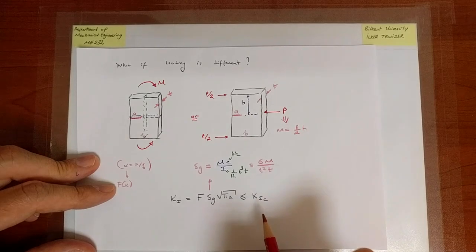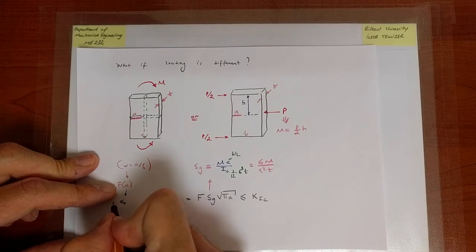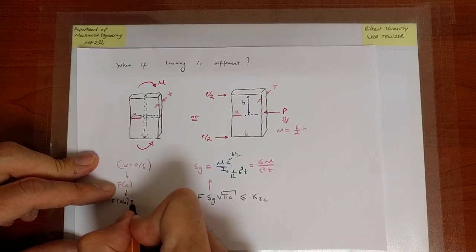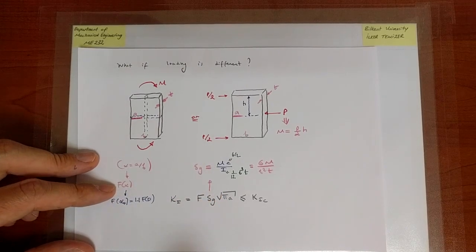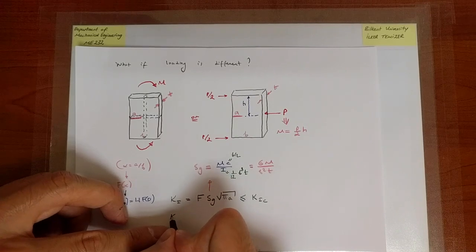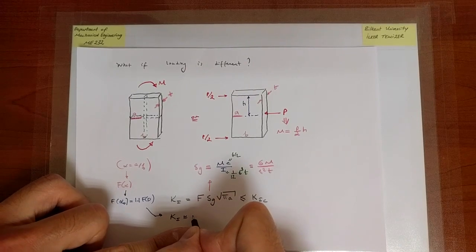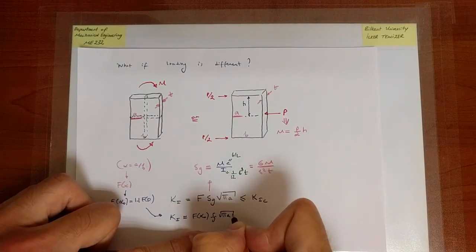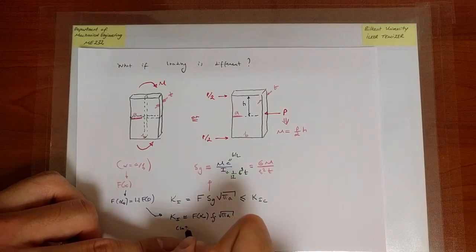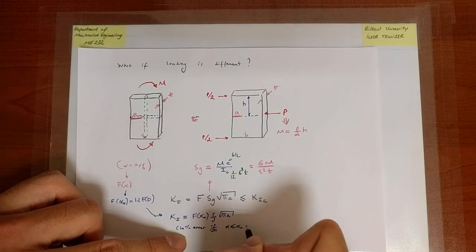Okay? Now, but I can use an approximate expression, F of alpha 0, I know that it is 10% different than the value of F at alpha equals 0. So K1 in that case is approximately equal to F of alpha 0 times SG root pi A, with 10% error if alpha is less than or equal to alpha 0.